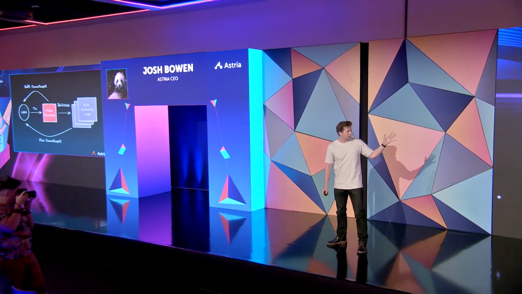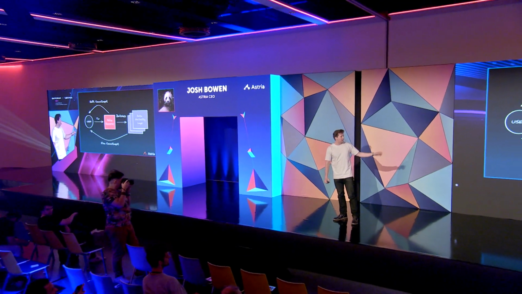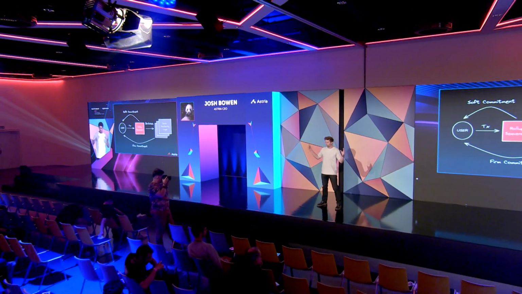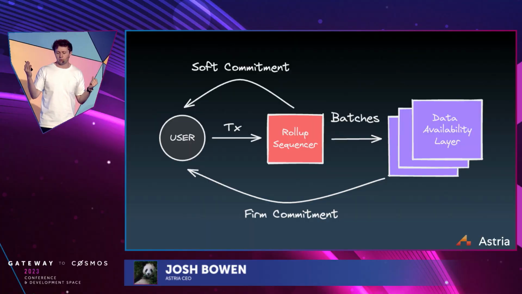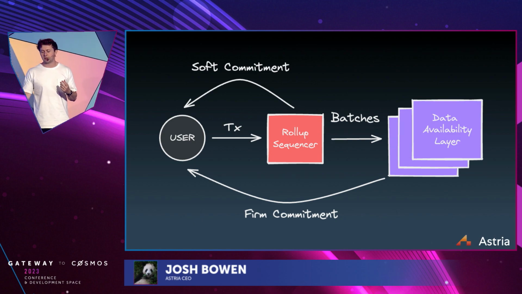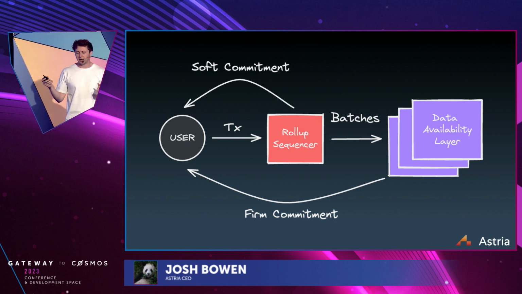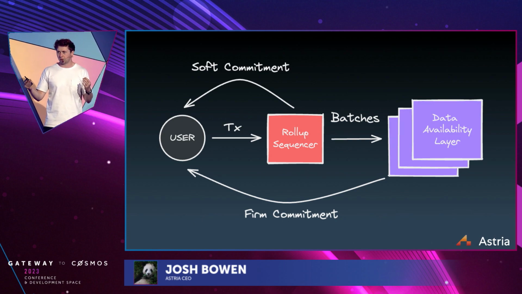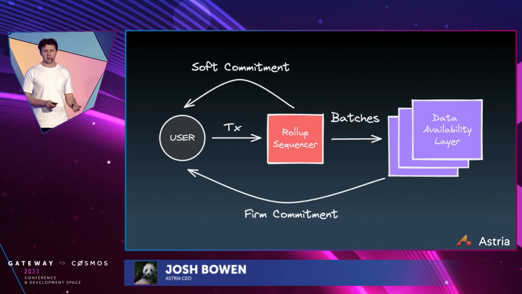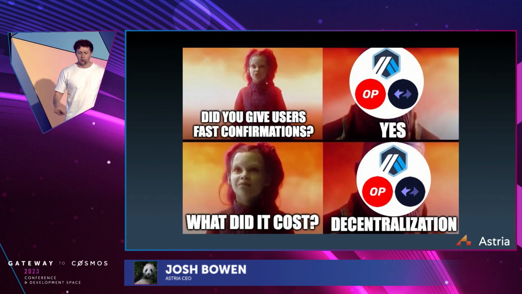So this is my argument for a minimum viable roll-up architecture at a very, very broad abstraction. You have a user, they submit transactions to a sequencer for the roll-up. That roll-up is responsible for batching and then submitting those batches to a data availability layer. The user will get a soft commitment from the roll-up sequencer, and then when the batch of transactions is included on the data availability layer, they're going to get a firm commitment.